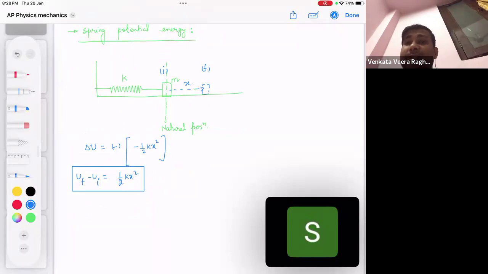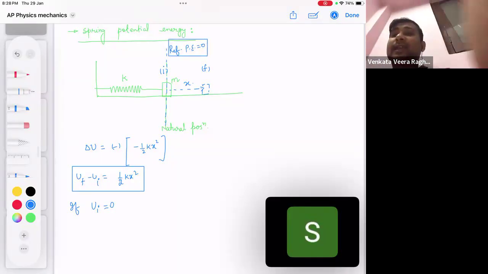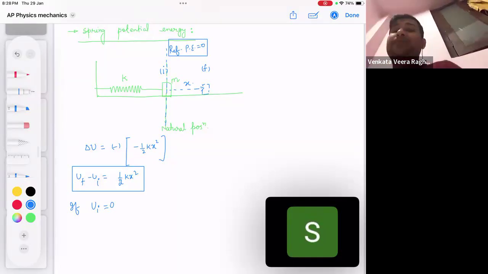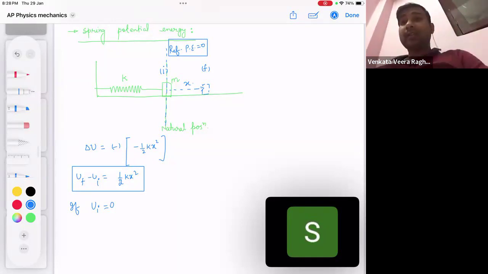Understood? The change in potential energy is this. Now if I say U initial is 0, what reference am I taking? I am taking the reference potential energy as 0 at the natural position. When the spring is at its natural length, I consider the spring potential energy as 0.